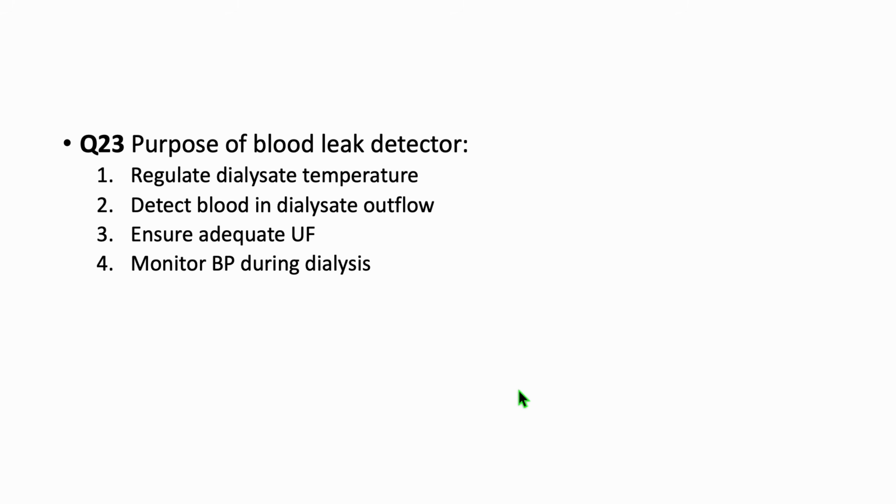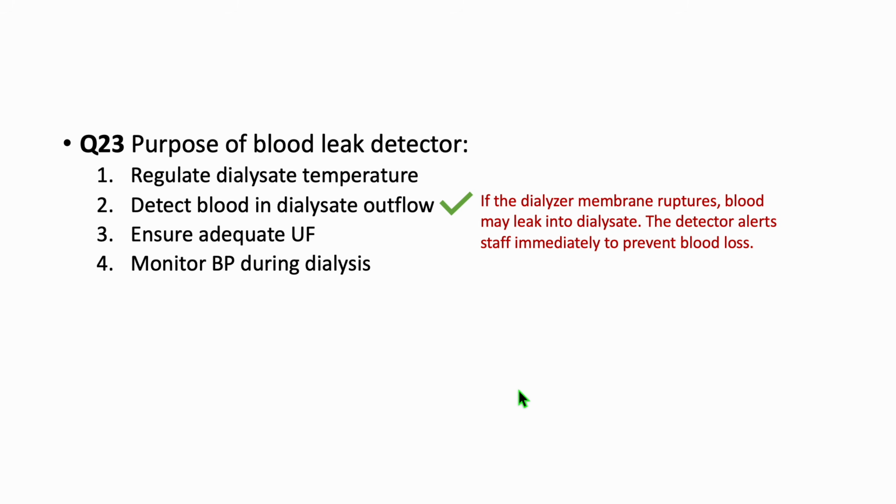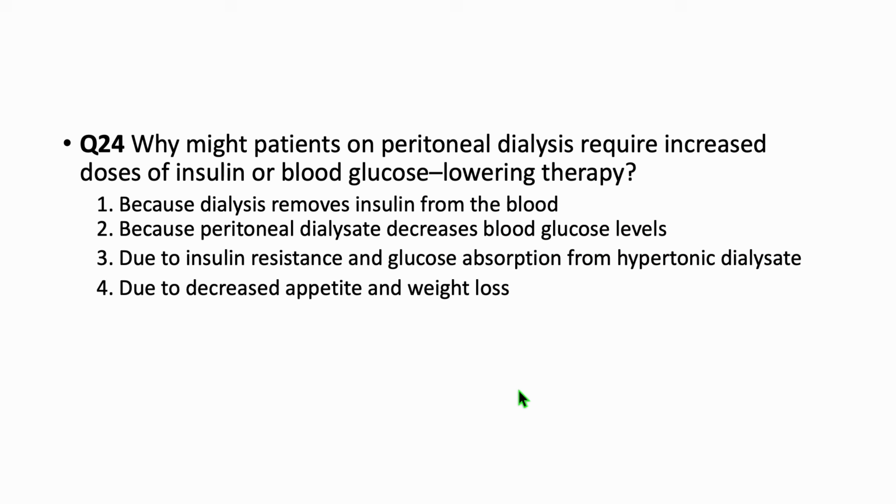So the main role of blood leak detector will be to detect blood in dialysate outflow. If the dialyzer membrane ruptures, blood may leak into dialysate, and that detector alerts the staff immediately to prevent further blood loss into the dialysate.